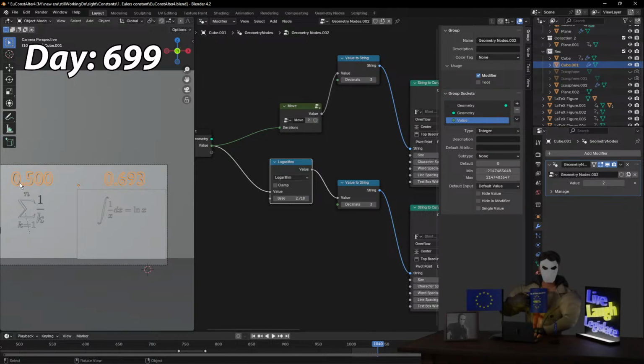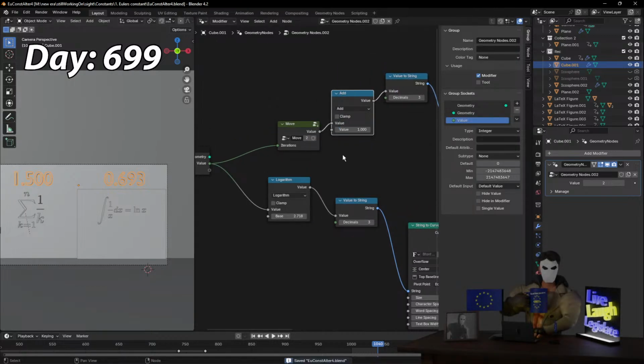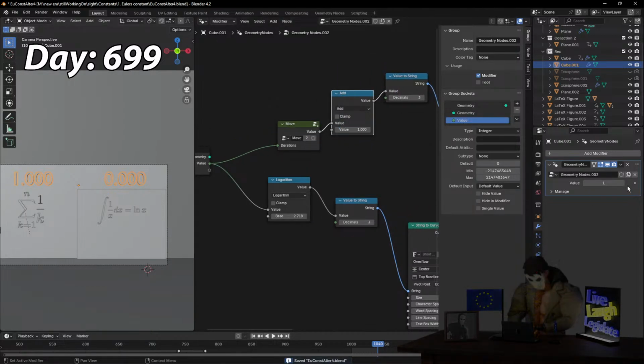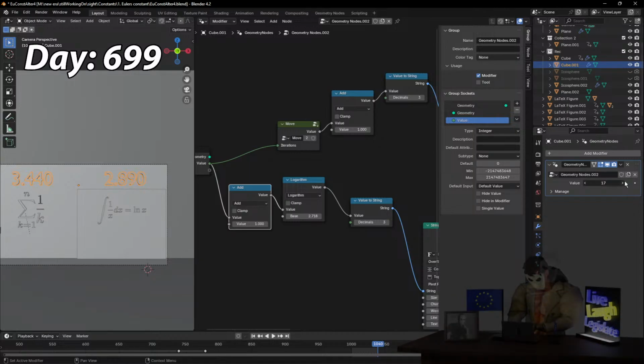Well, no, this one should be +1. Because I apparently am just that great at making stuff. There we go. And this one should be +1 right here. And there we go. We get the difference between these two. Perfect. Ish.